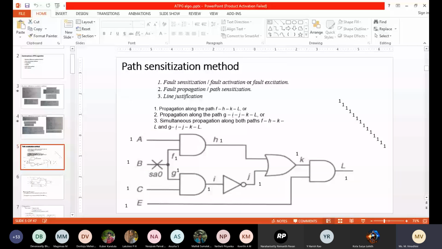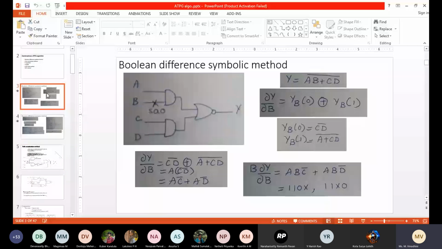The drawback with the current Boolean difference symbolic method is this. I gave you two problems, right? In both problems, where did I specify the fault? Fault at the primary inputs.